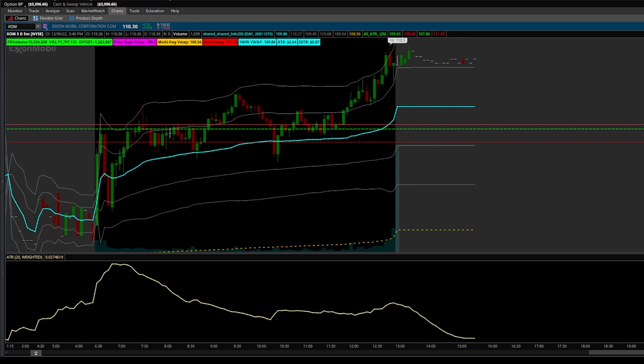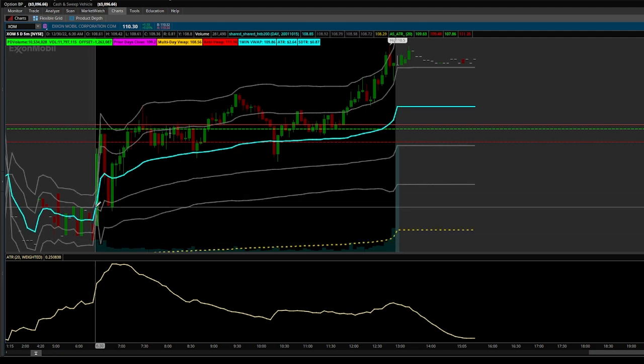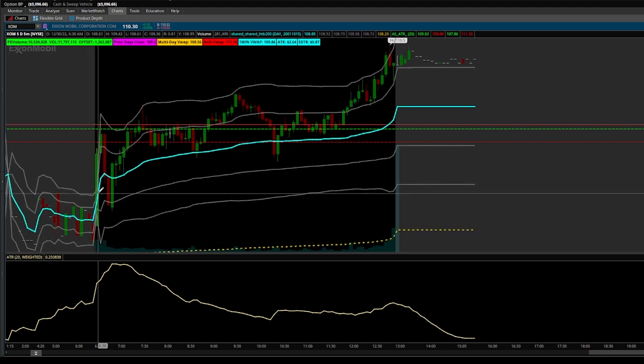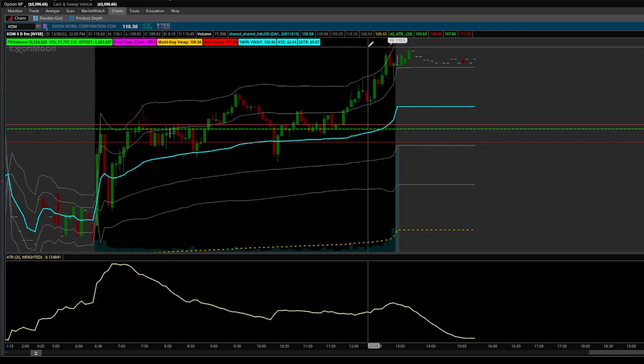If you subtract that 0.87 from 2.64, we know we'll get about a $1.80 move out of Exxon, regardless of whether it goes up or down. So it opens up about 109, which gets you up to 110.50.